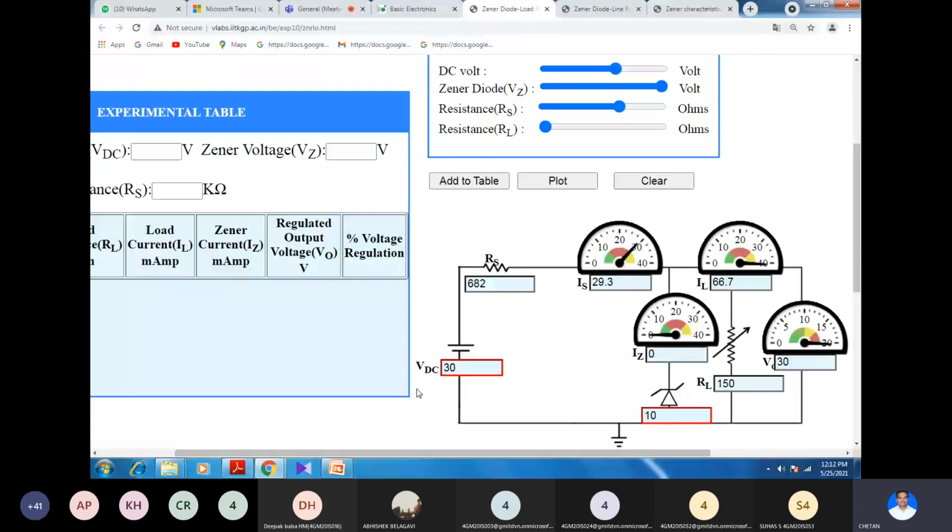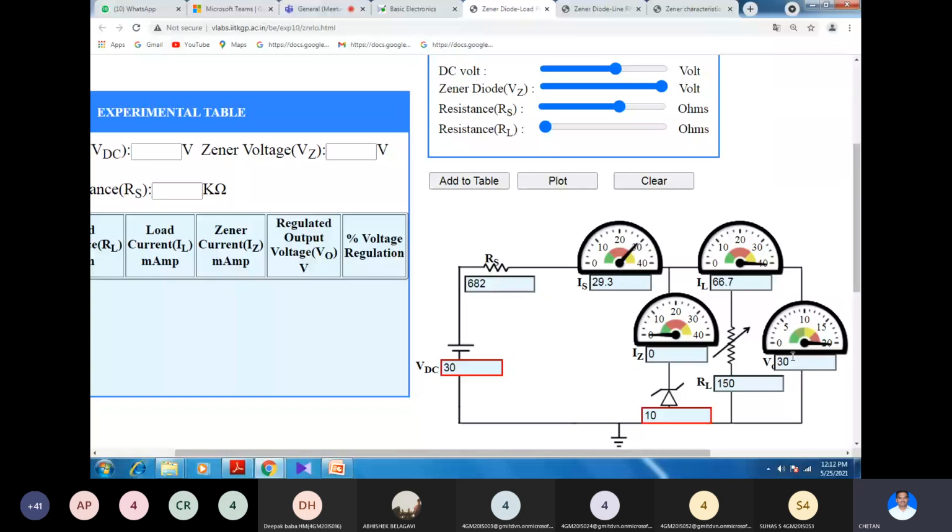If this part is not conducting, it is as good as connecting the positive terminal of the battery through this RS, through this ammeter, through this load, right? So it is as good as a series connection of RS, IS ammeter, IL ammeter, and RL, right? If the diode is not present, whatever voltage you apply here, the same thing will appear at the output voltmeter.